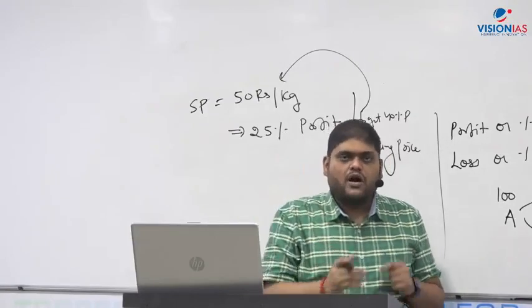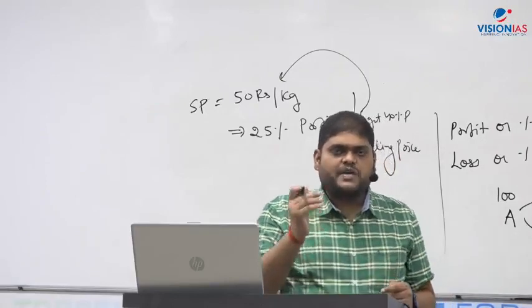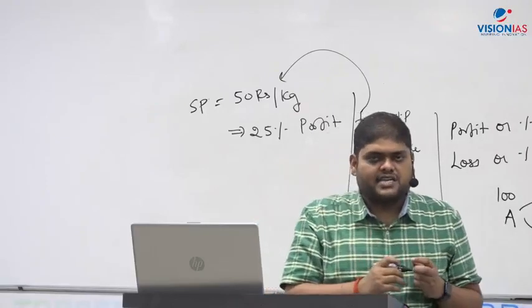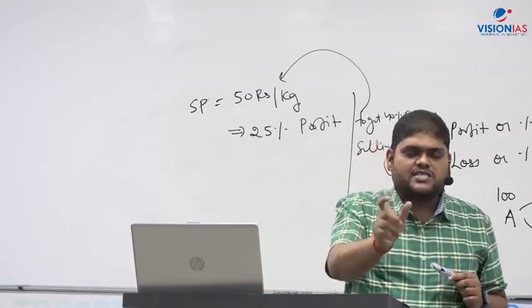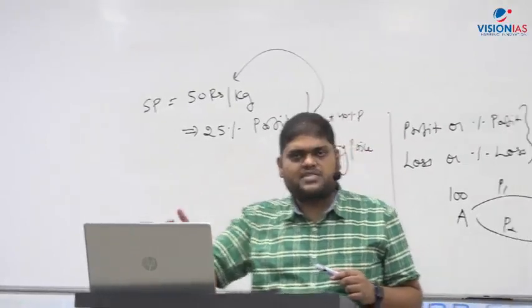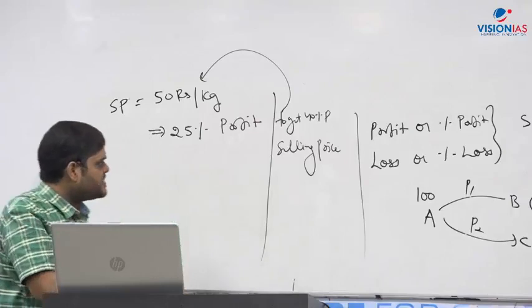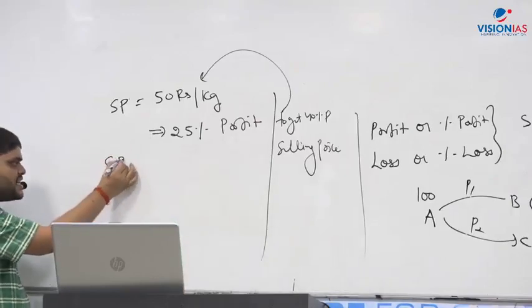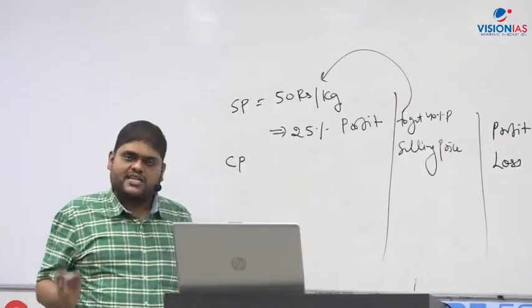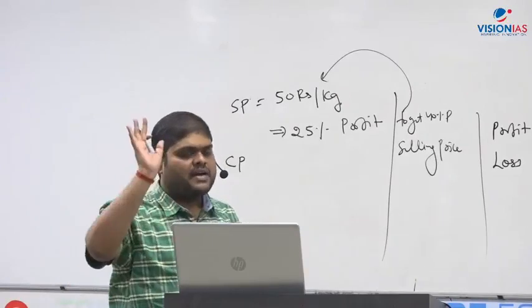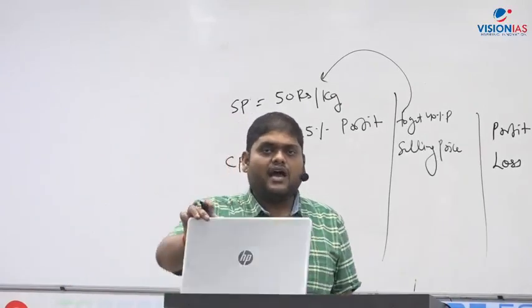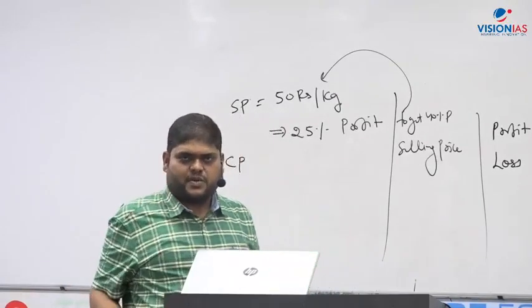I told you profit and loss is always calculated on the cost price. So tell me, what is the percent of profit here? 25%. Increment of 25% on which price? Cost price. That means cost price is increased by 25%. Now remember yesterday's percentage class.